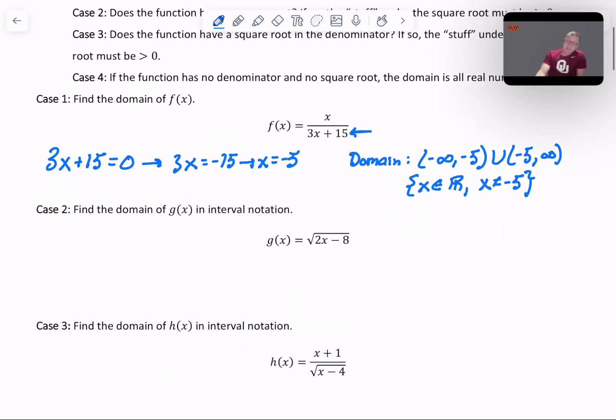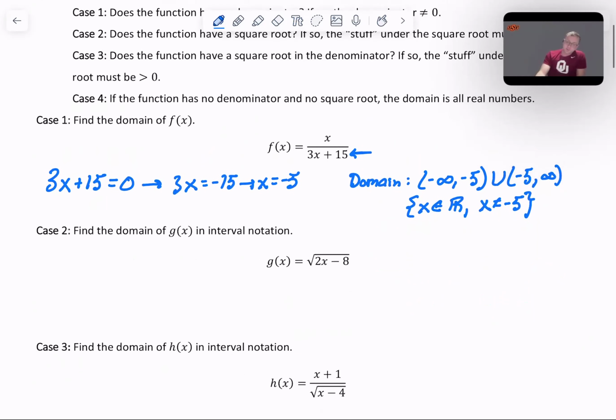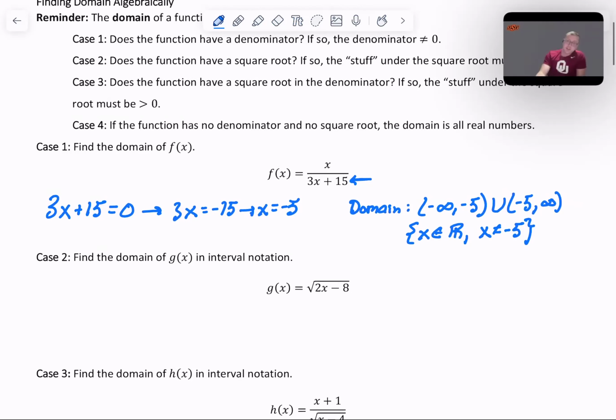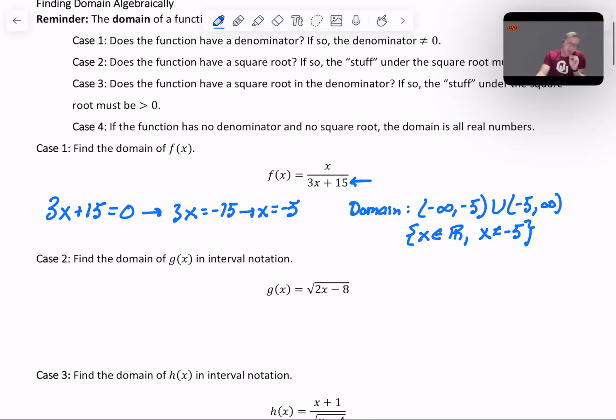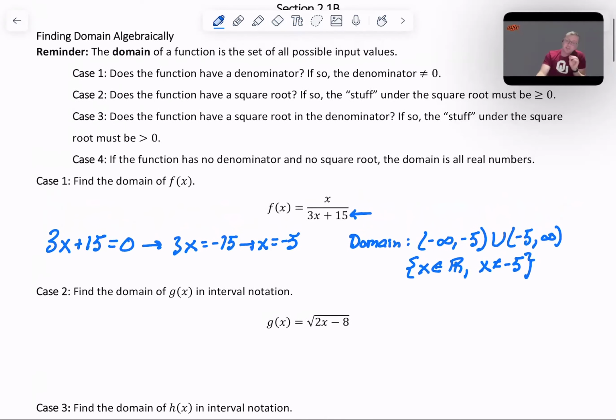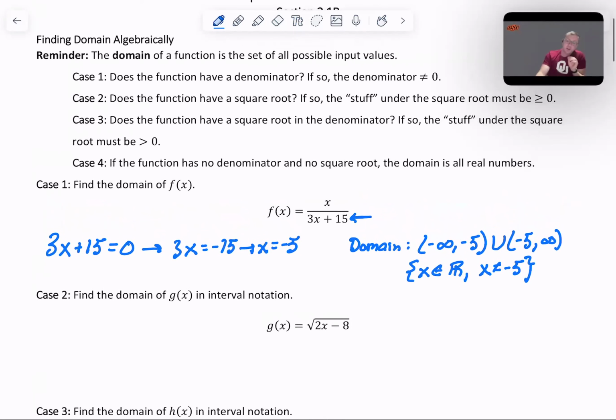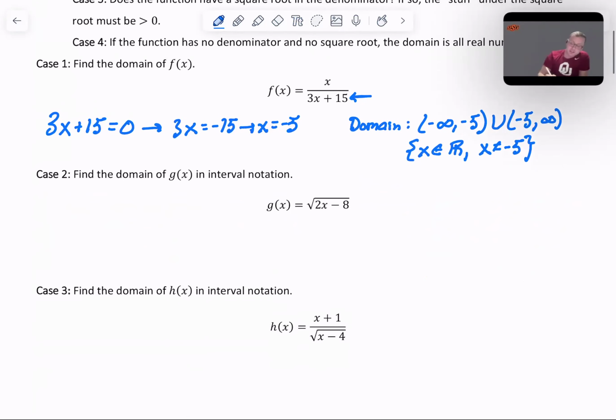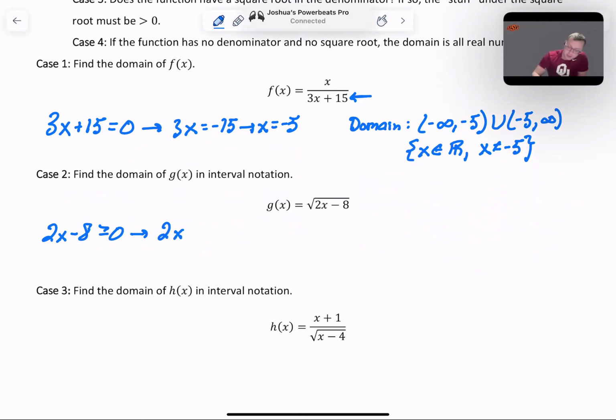Now, this next one here is just a square root. It's in the numerator. There is no denominator. So the stuff must be greater than or equal to 0. That means I need to set 2x minus 8 greater than or equal to 0 and solve. The first step is to add 8 to both sides, and you get 2x is greater than or equal to 8.